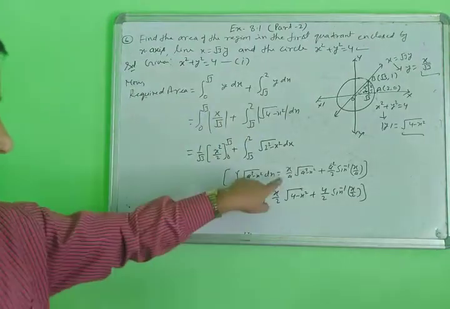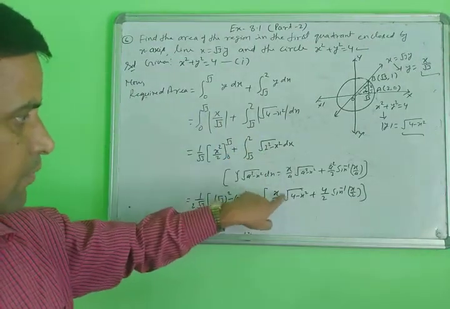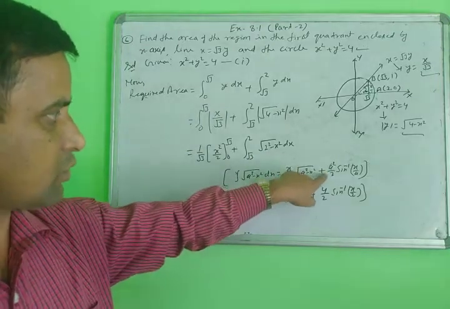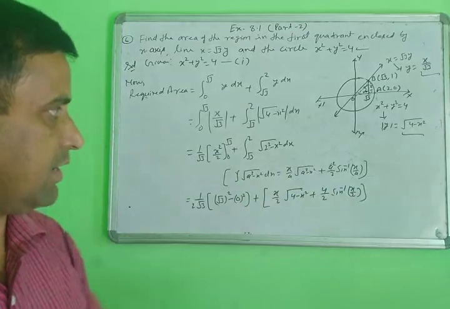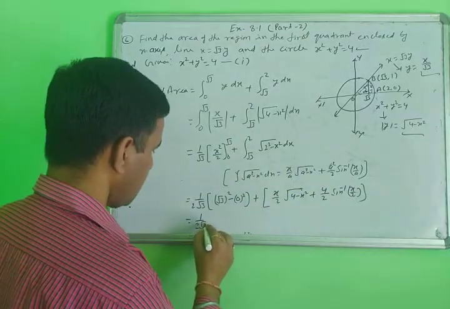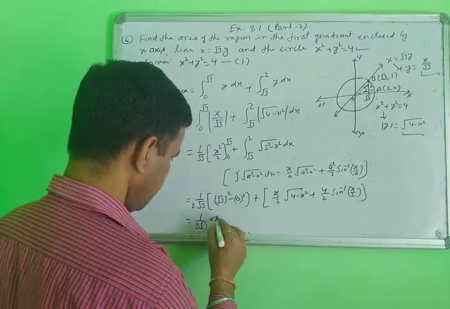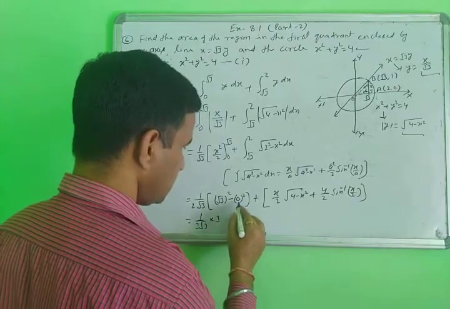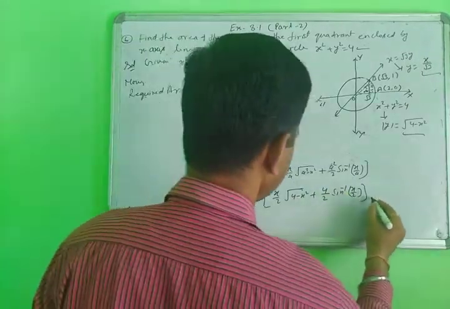According to this identity, x upon a means x upon 2, and a square means 2 square, which is 4. Then we calculate 1 upon 2 root 3. Here the answer came only 3, and here 0, plus the limit here root 3 to 2.